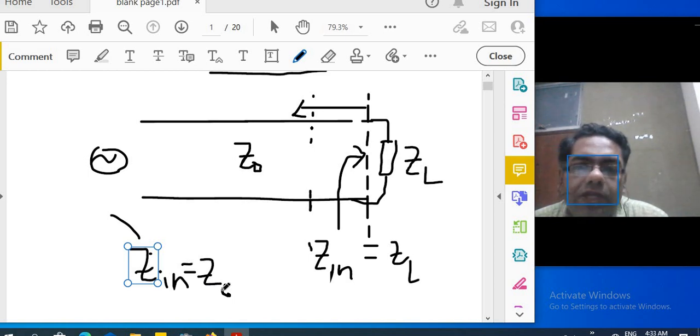Input impedance is complex in general, so it is of this form.